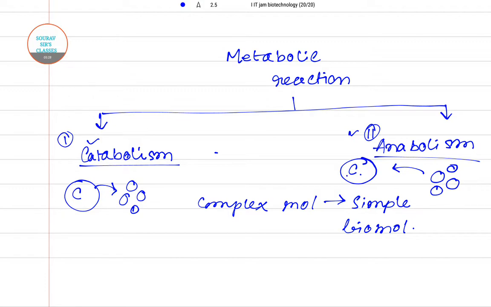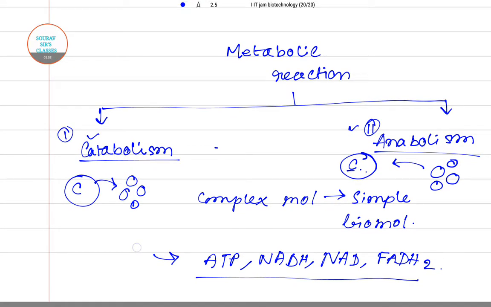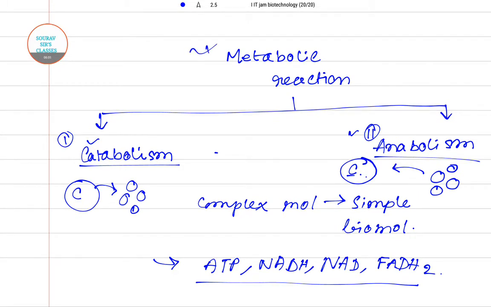These reactions require the input of energy. They require ATP, NADH, NAD, FADH2. So they require the power of these. The metabolic reaction can happen by the catabolic pathway or by the anabolic pathway.